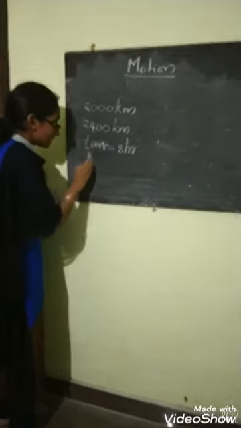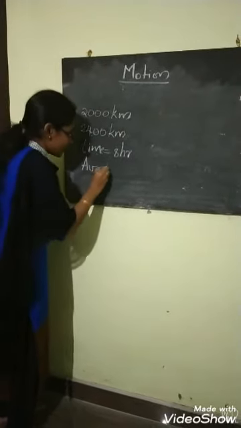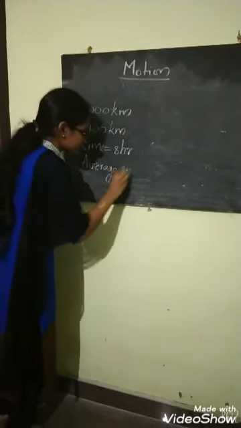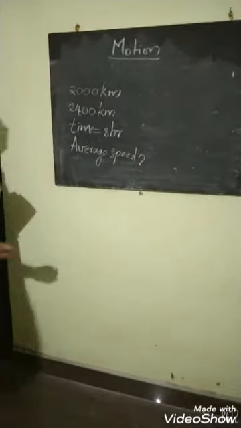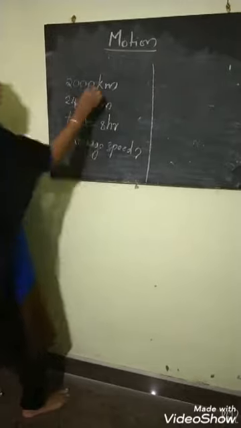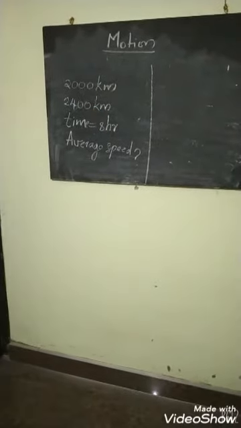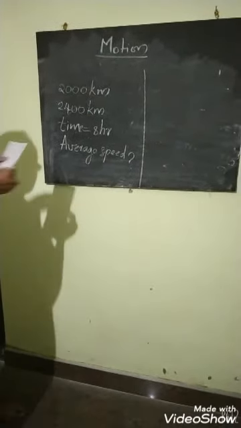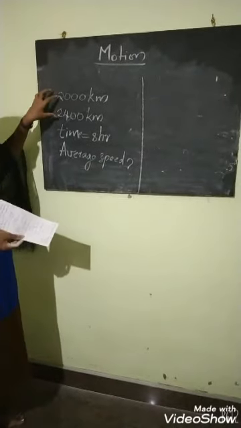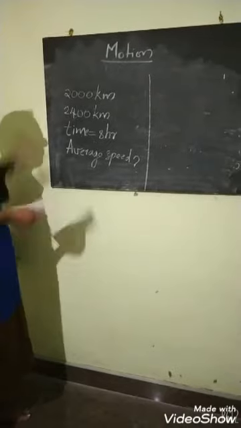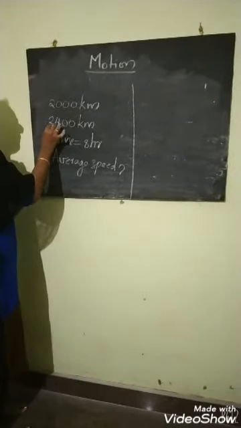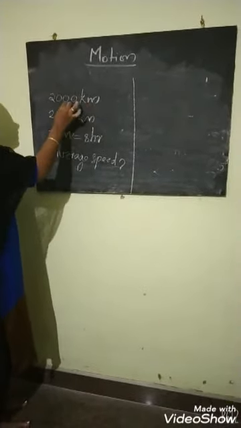We want to find the average speed. Then how do we do it? Both of these are odometer readings. So we just want to find the difference of these readings, that is, 2400 minus 2000.